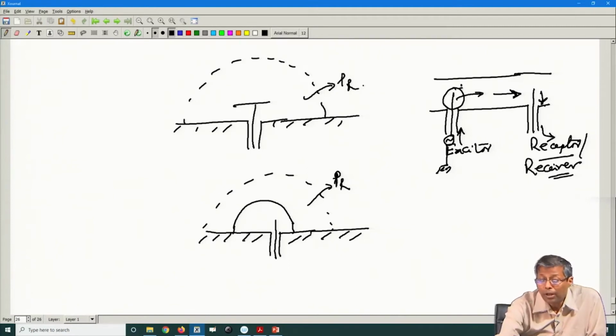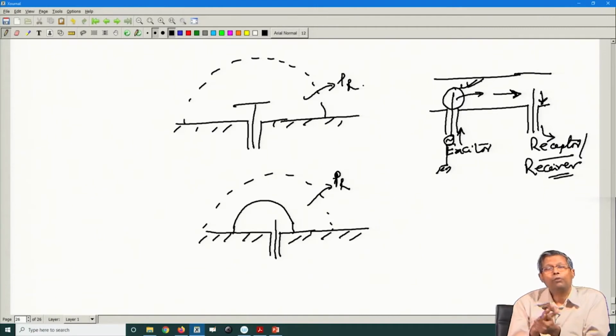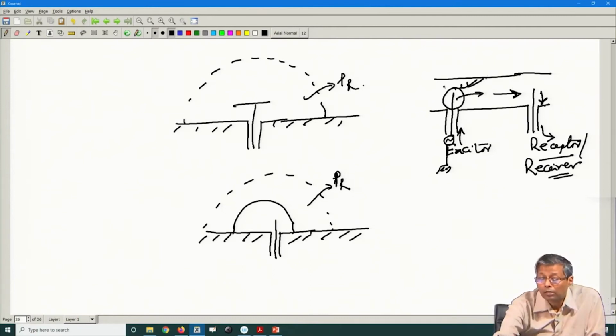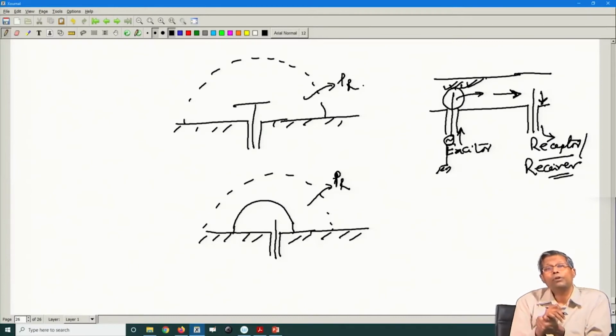So, the input impedance of this probe is very vital. In order to find the input impedance I have to find the near field of the probe. What is the reactance of the probe, the resistance of the probe, the complex impedance of the probe which is exciting this waveguide. So, that is where the input impedance plays a very vital role in the excitation.